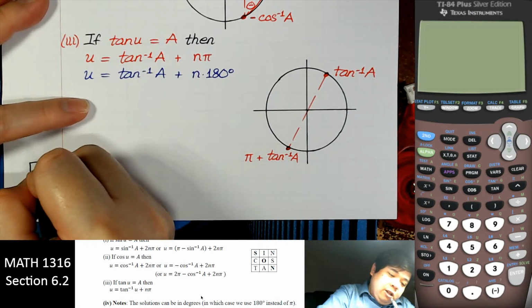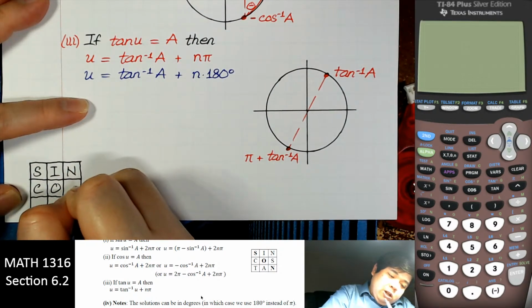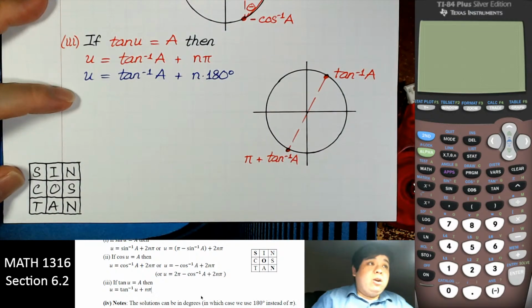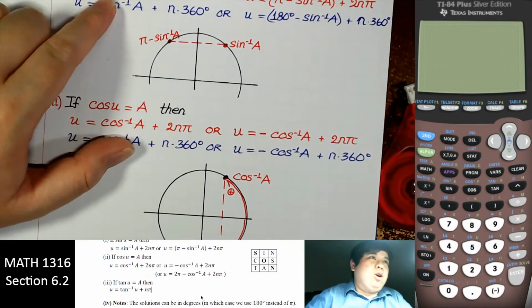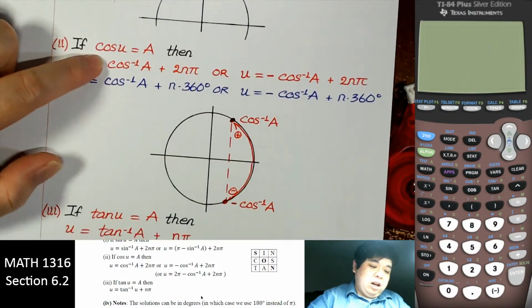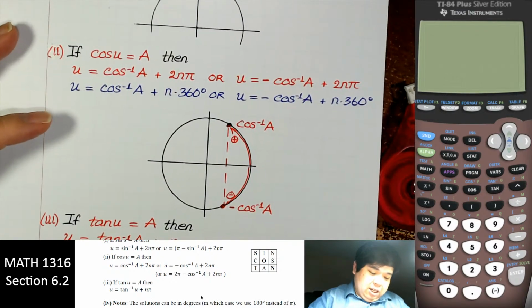So we have sine, cosine, and tangent. So let's look at what we have here. Sine, cosine, tangent always have the inverse: sine inverse, cosine inverse, tangent inverse. So there's nothing different on those.